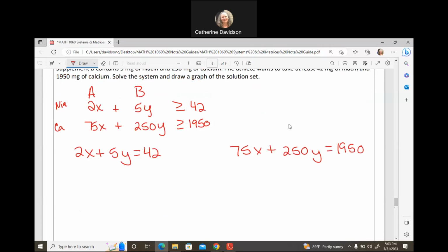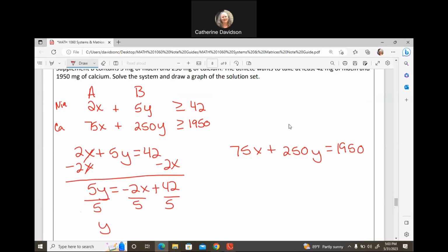All right, so we're going to move the x term, and then divide out the 5. And you can just leave that as 42 over 5. Same thing here.